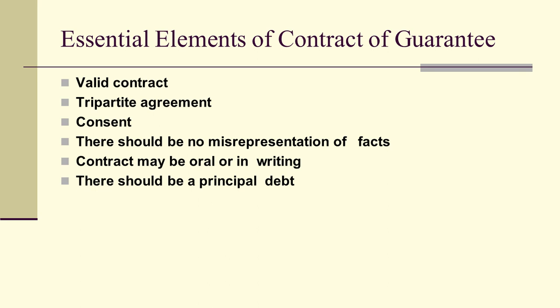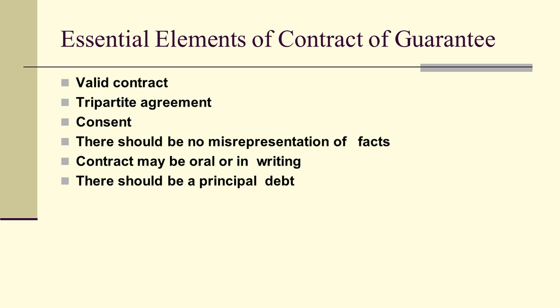And the third contract is a contract between the creditor and the surety, in which the surety promises to undertake the payment of the debts of the principal debtor in case the principal debtor defaults on his payment. So it is a tripartite agreement. In a contract of guarantee, there are three contracts. Therefore, it is called a special kind of contract.